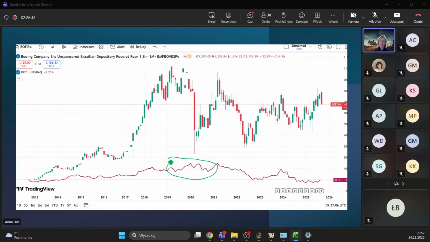However, assume that you are the pension fund and your time horizon is 30 years or 20 years. Then, in this case, you don't care about all these fluctuations in Boeing, because what matters for you is just the difference between this value and this value. You don't care about all the volatility in the meantime.